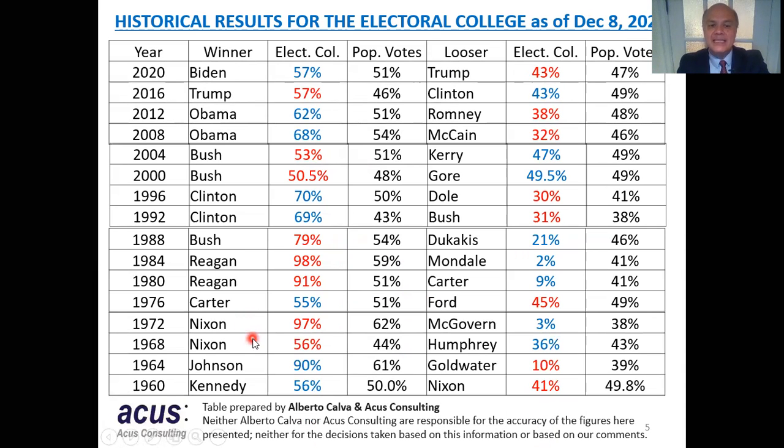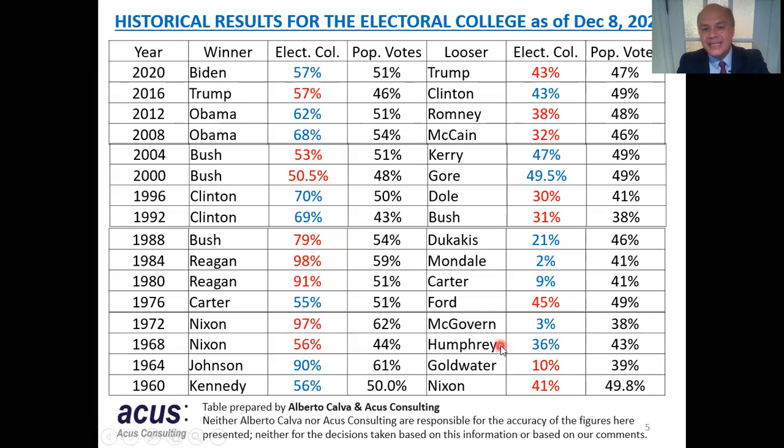Before that, in 1968, first Richard Nixon, and then he was reelected in 1972. He got 97 and 56% of the Electoral College votes, with 62% and 44% of the popular vote. But still, in 1968, he got a larger popular vote than Humphrey.